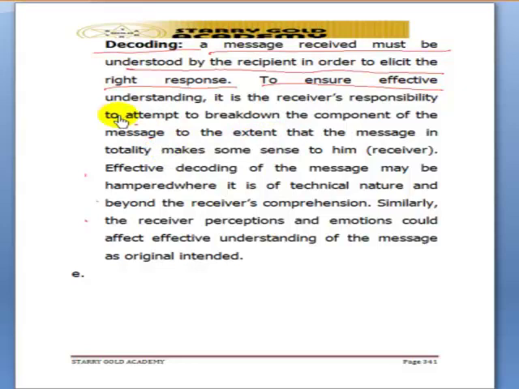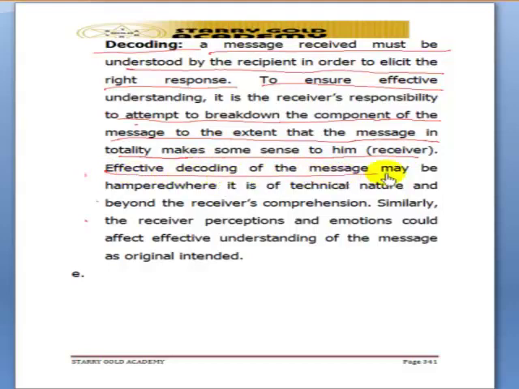Let us break down the components of the message to the extent that the message in totality makes some sense to him.